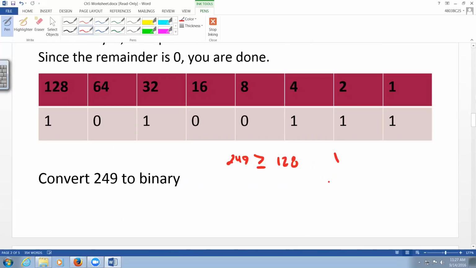Okay, 1. And then you subtract that, so you're going to be left with 121. Is 121 greater than or equal to 64? I'll let you guys do the rest. Yes, that means you put a 1 in there and subtract 64 from that, and you keep chugging through.